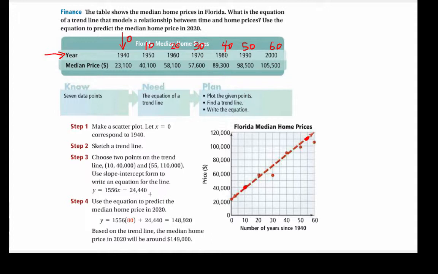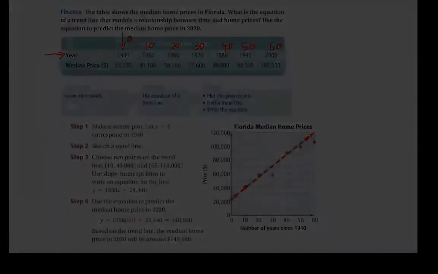And they will differ unless you use your y-intercept as one of your points for your equation. So that is okay. So use the equation to predict the median home price in 2020. Now that we have this equation, we can substitute in 80 for x and solve for y. So based on the trend line, the median home price in 2020 will be around $149,000.